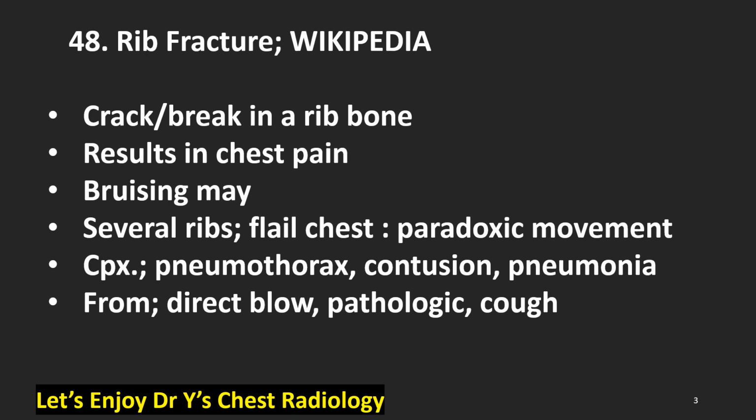That becomes pathologic movement at inspiration and expiration. And sometimes the rib fracture is combined with complications such as pneumothorax, lung contusion, or pneumonia. Rib fracture may occur from direct blow or pathologic fracture, or even cough can cause the fracture.